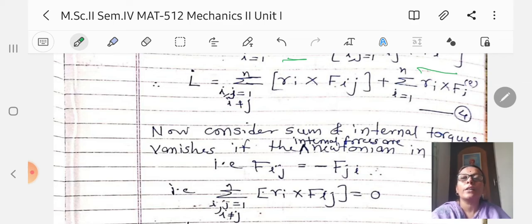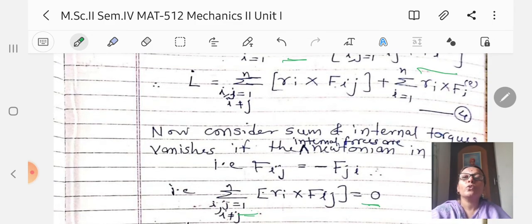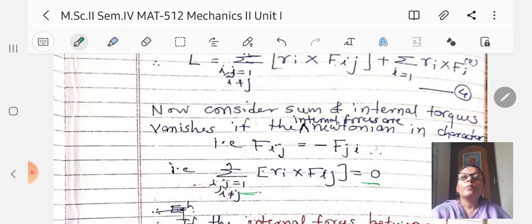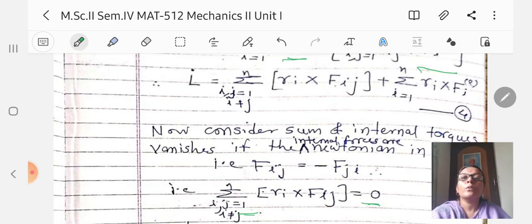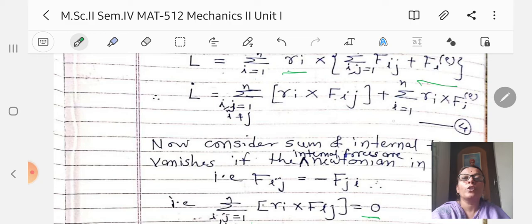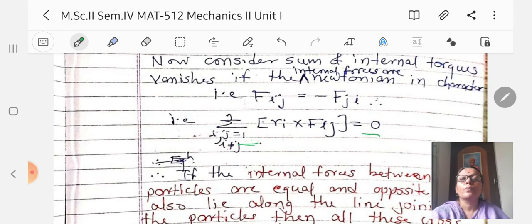The summation over i, j from 1 to n with i not equal to j of r i cross F ij becomes 0. Therefore equation 4 becomes L dot equal to, first term 0, summation i from 1 to n of r i cross F i e, that is the external force.